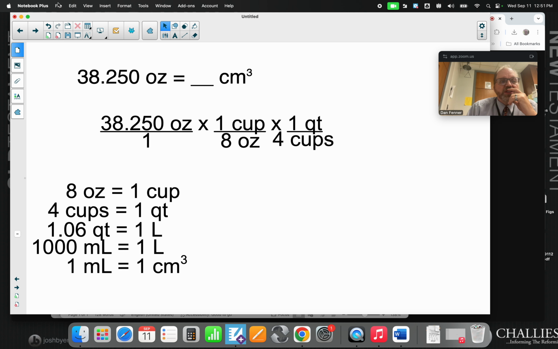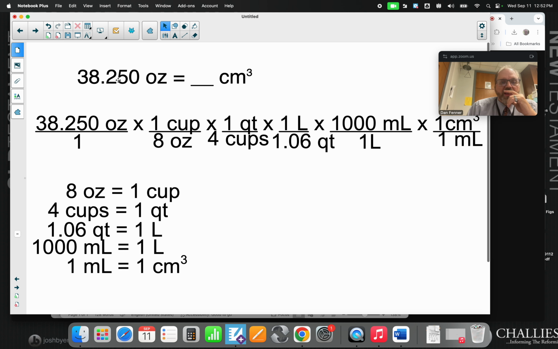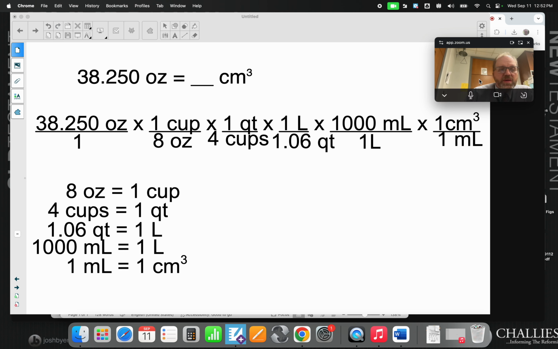We're going to finish the rest of them then: 1 liter over 1.06 quarts, 1,000 milliliters over 1 liter, and 1 cubic centimeter over 1 milliliter. Ounces cross out, cups cross out, quarts cross out, liters cross out, milliliters cross out. We're left with cubic centimeters as our units. Taking your calculator, type in 38.250 times 1,000.